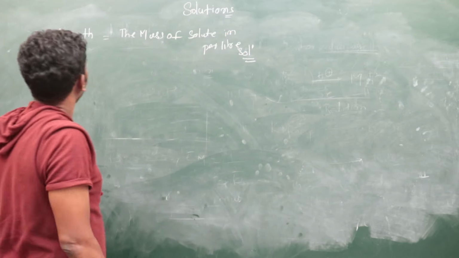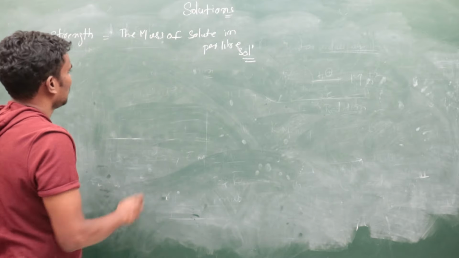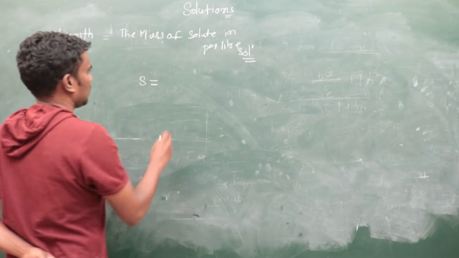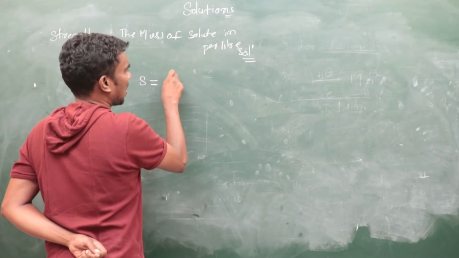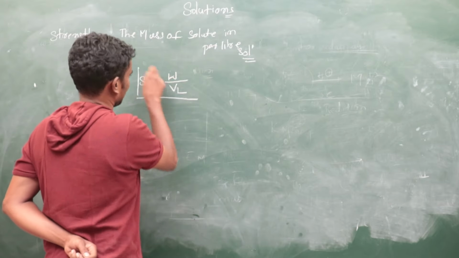This is called strength. The mass of solute present in per liter solution. In the form of formula, mass is nothing but weight, volume in liters.